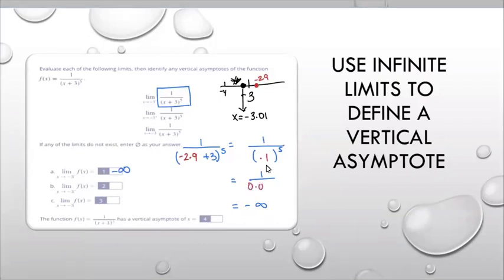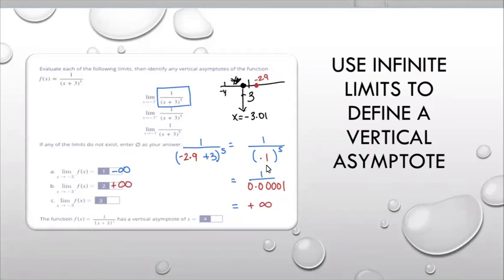So this is 0.00001. And when you do 1 over 0.00001, you get 100,000. All right. So then now our answer here is positive infinity. And that is the answer here for the limit.